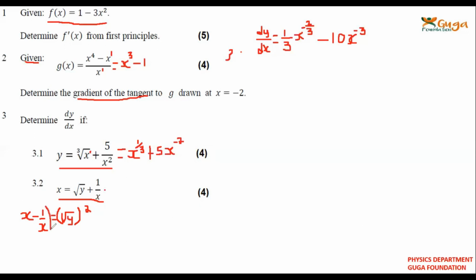And then now I square this side, and here I put square, yeah.